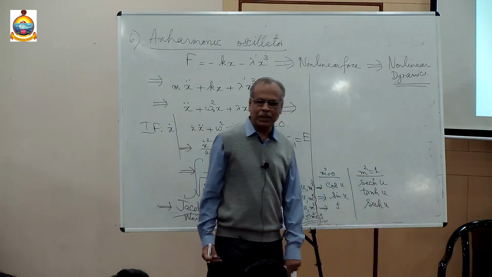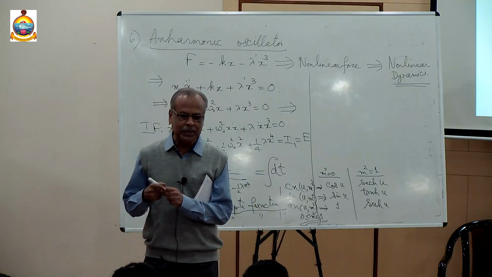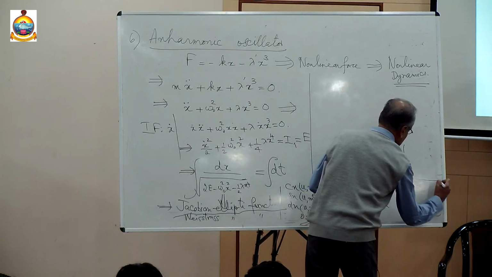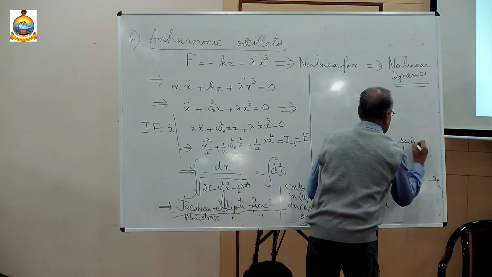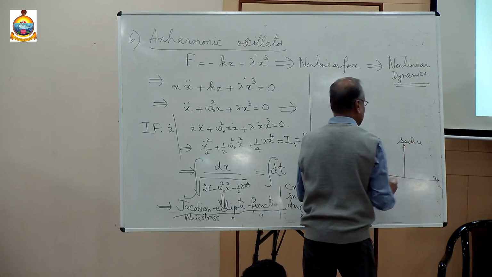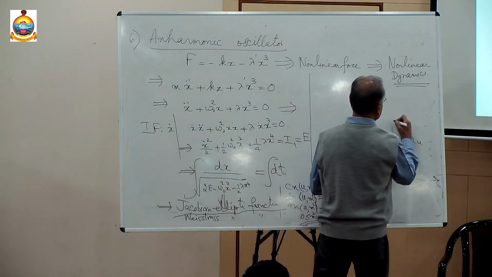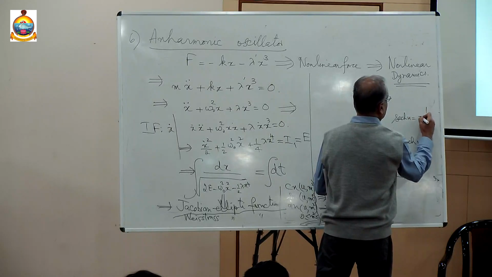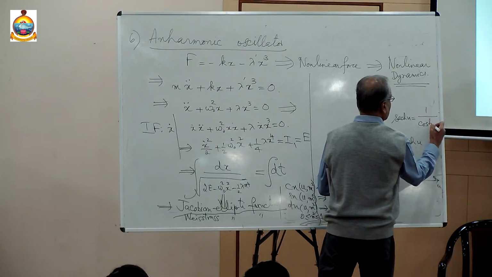What is the period of the function secant h? What is the nature of secant h? If you plot u versus secant h, how does it look like? Secant h, hyperbolic secant h, is, in terms of simple functions, 1 over cos h u.